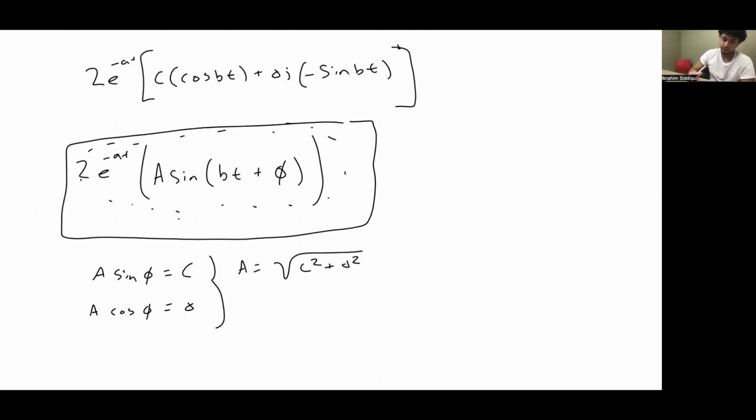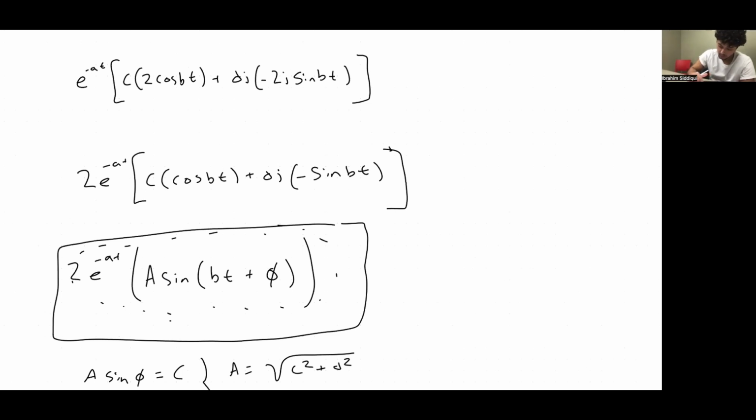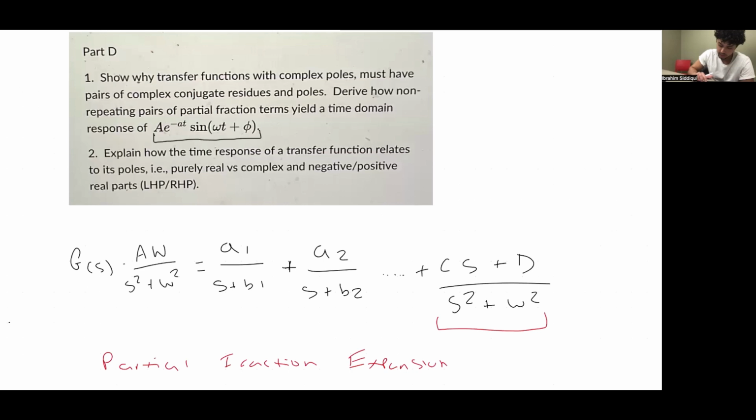And if you look at what we have here, we have this response of A e negative at sine omega t plus phi. Essentially it's the same thing except that we pulled out the 2. That is the only difference.